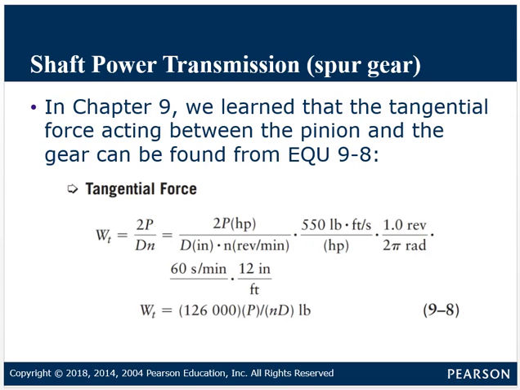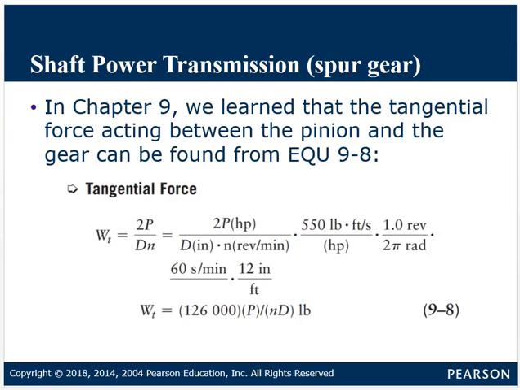The other thing we learned in Chapter 9 was that the tangential force, and that's the force that actually works to push the gear along, the pinion acts on the gear to push the gear along to transmit the power. That tangential force is 2 times the power divided by the diameter.